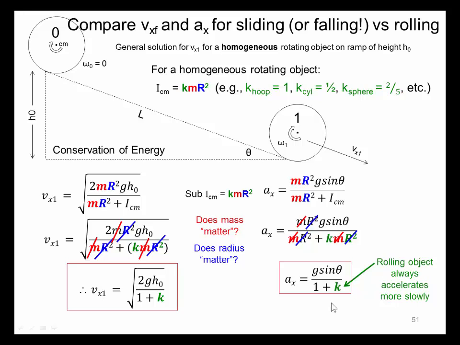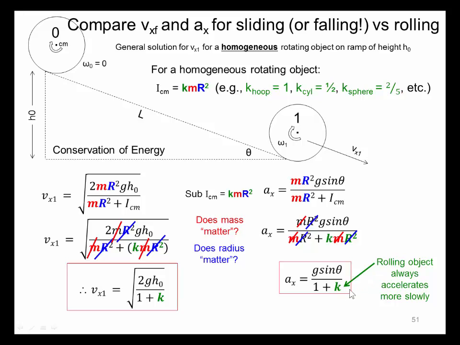Well, a rotating object, rather than accelerating at g sine theta if k equals 0, if k is some non-zero value, for example 1/2 for a solid cylinder, or 1 for a ring in the worst case, we would get 1 plus 1 on the bottom, and our acceleration would be cut in half.